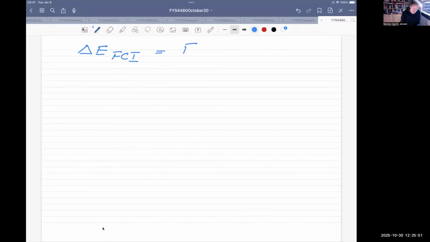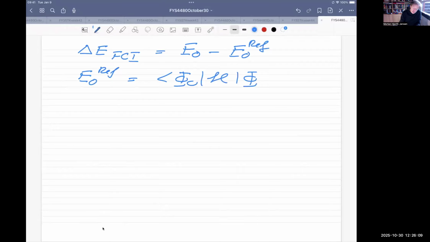That is still given by E0, but then it has E0 for the reference state. And just to quickly remind you, this E0 for the reference state is a quantity which we defined as the expectation value of the full Hamiltonian, but with respect to the ansatz for the ground state.